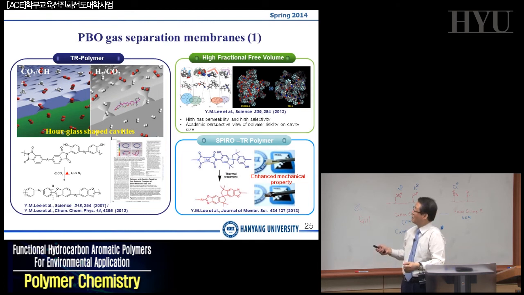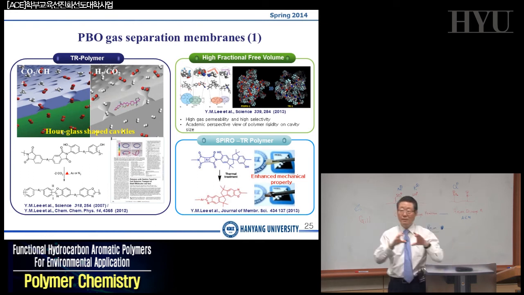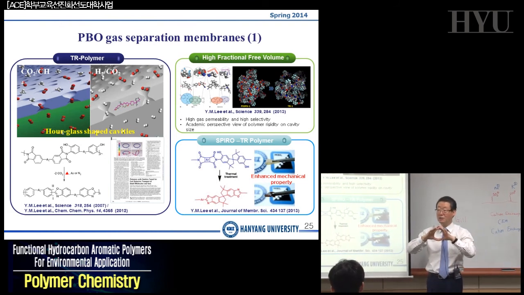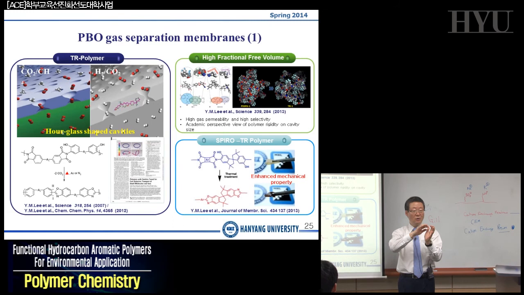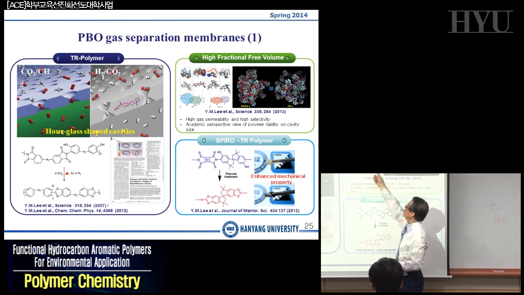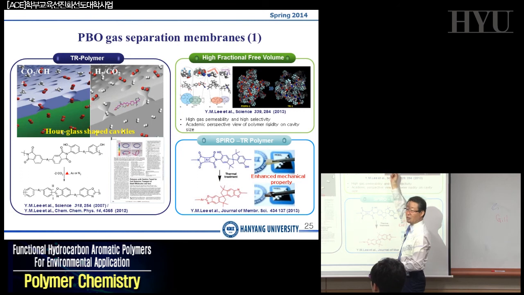And last year as well, we also commented on their other concepts, like a very rigid structure with bicyclic rings. If you think about a ladder polymer, 사다리, ladder polymer, you have aromatic rings fused to each other, just like a ladder. And if you look at this structure, it's like a ladder, where you have a bicyclic ladder.